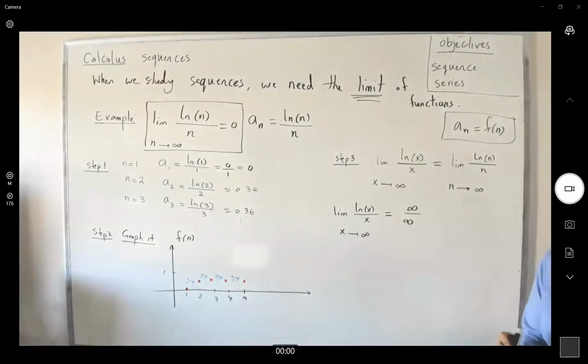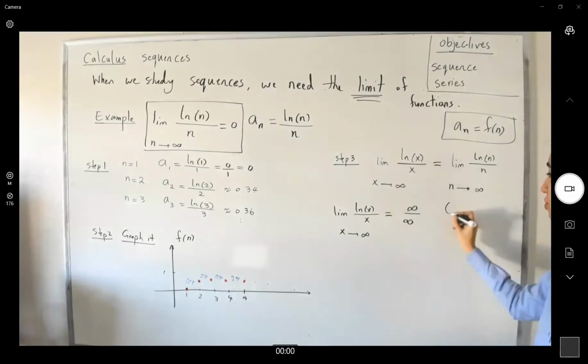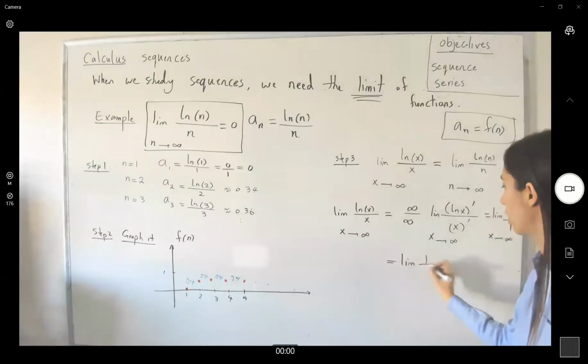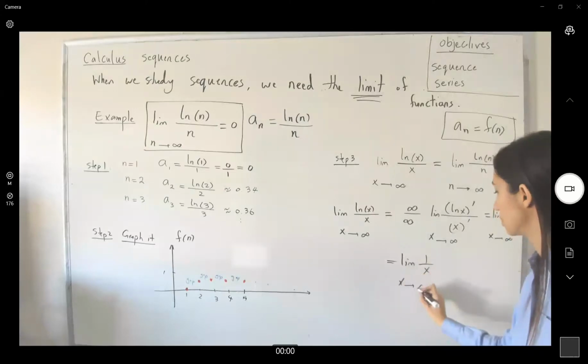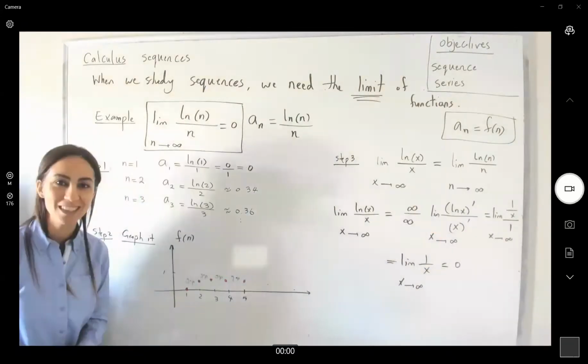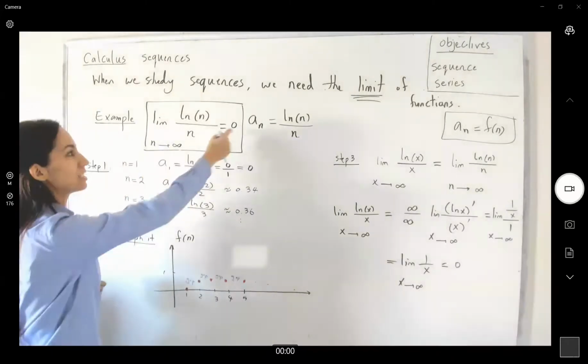L'Hopital's rule says take the derivative of ln of x divided by the derivative of x. This is the limit of 1 over x divided by 1 as x goes to infinity, which is the limit of 1 over x, 1 over infinity, equal to 0. So the limit of ln of n over n, while n approaches infinity and n is very large, is equal to 0.